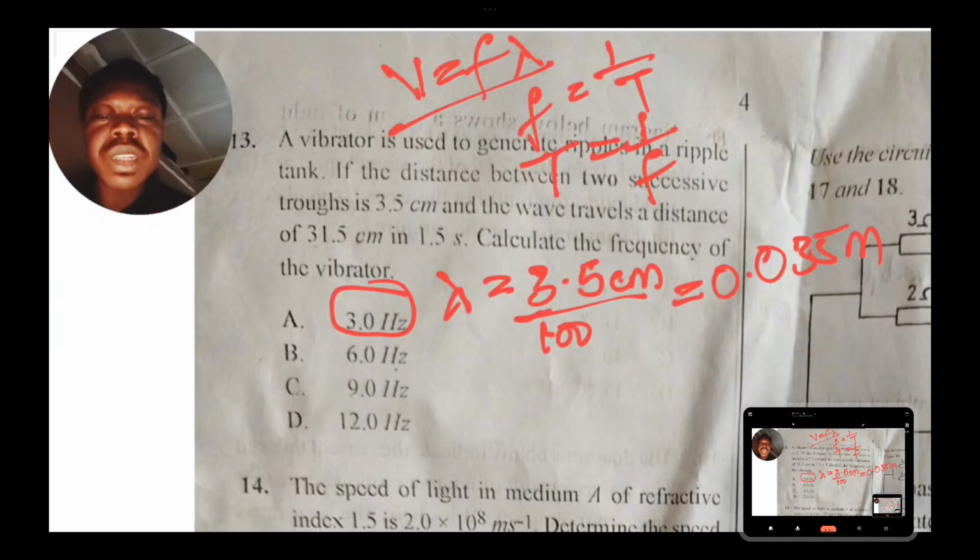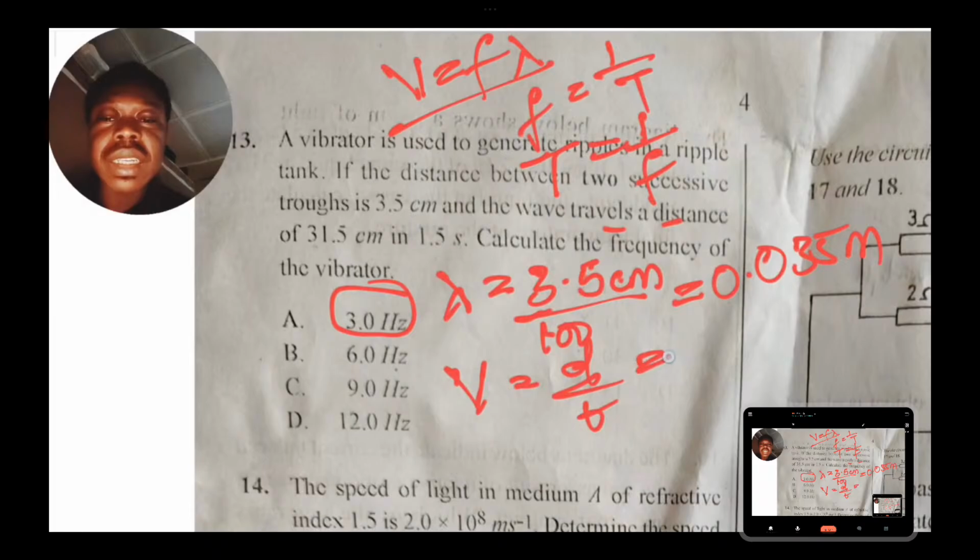Hence, what is missing? Our V is missing. So V is unknown. How can we find V? It says the wave travels a distance of 31.5 cm in 1.5 seconds. So we know from motion that velocity is distance over time, and we are given distance here. What is our distance?